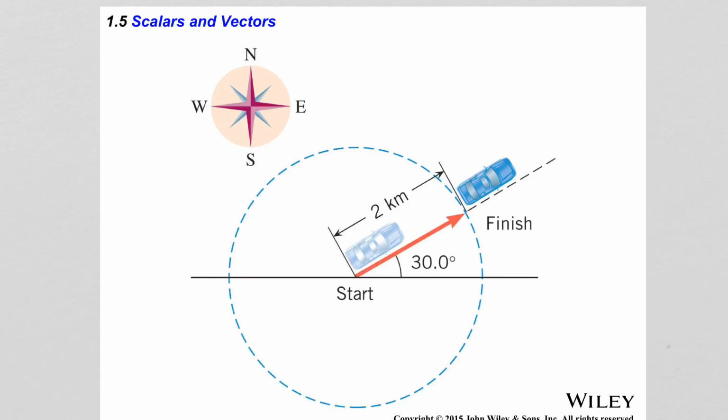Now if I can measure the angle between the east direction and the direction in which the car is moving, and I know that the car went for 2 kilometers, then I can determine exactly where the car is with respect to the starting position. And so now this information here, length of travel plus the direction given by this angle, is called the displacement of the car.